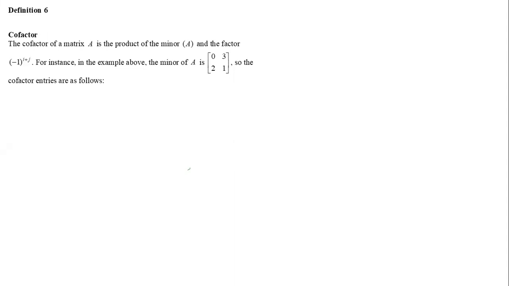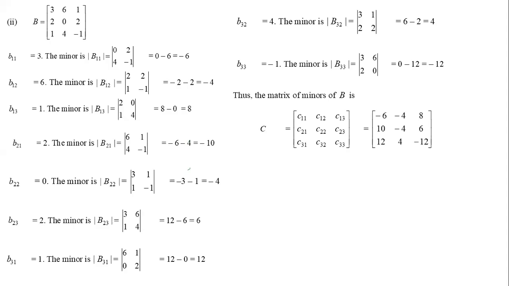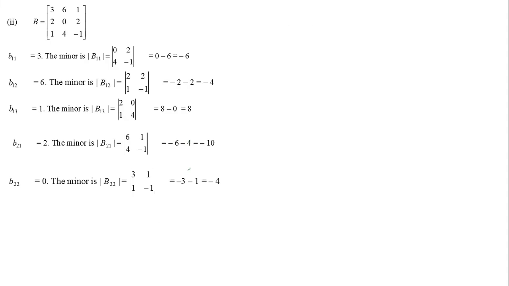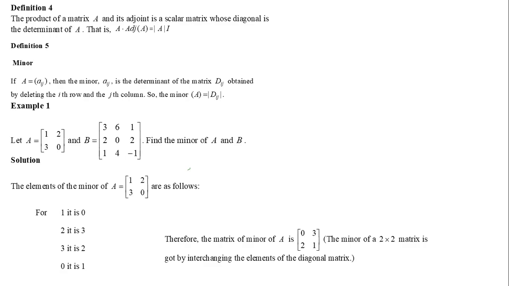Now let's find the cofactor of matrix A. We have found the minor of A that we found the other time. The minor of A is 0, 3, 2, 1.